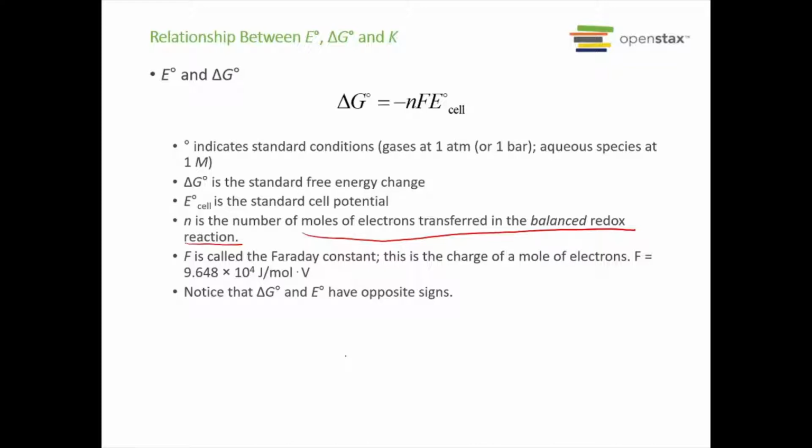Kind of weird units, I know. But one thing you should notice is that delta G and E have opposite signs. So delta G is negative in order to be spontaneous, but the cell potential is positive.